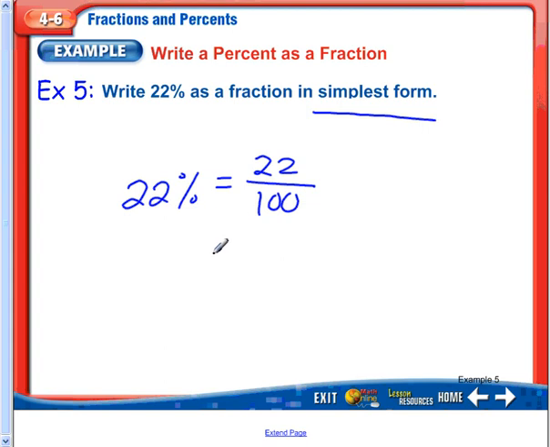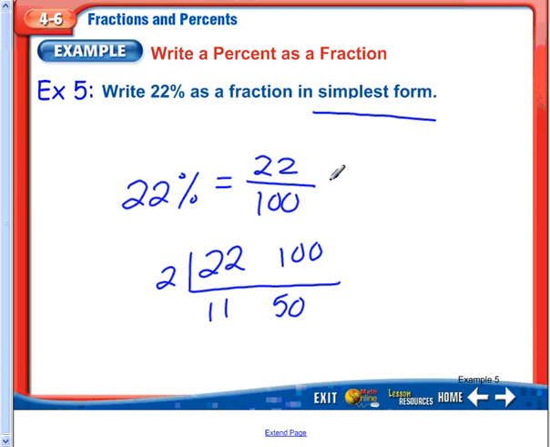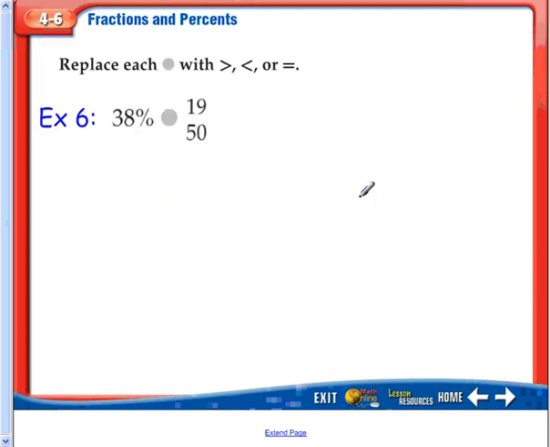But they said that we wanted the fraction to be in simplest form. So I'm going to use my L method, 22 and 100. I'll divide both by 2 to get 11 and 50. So I know that my simplest form is 11 over 50.